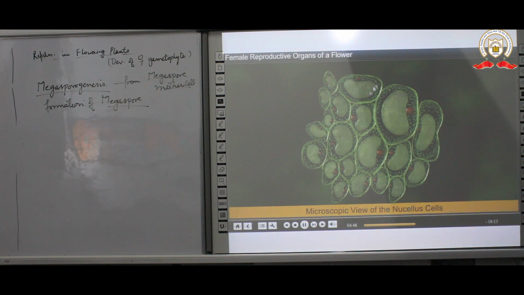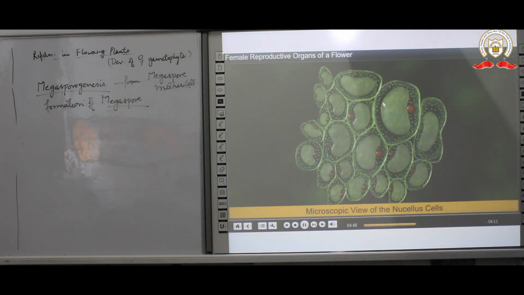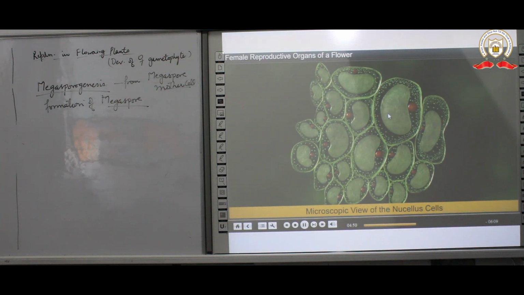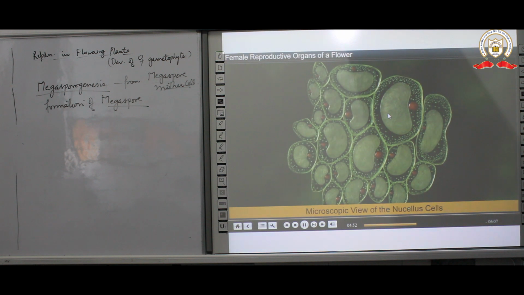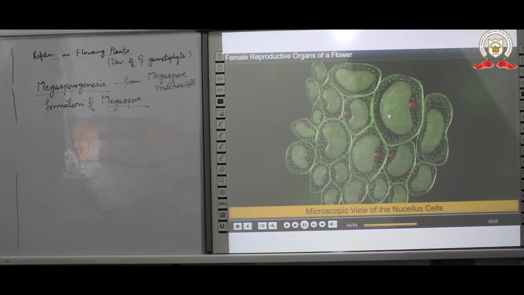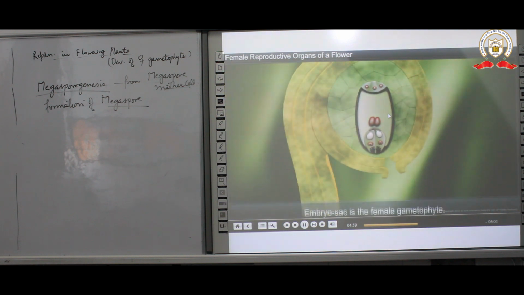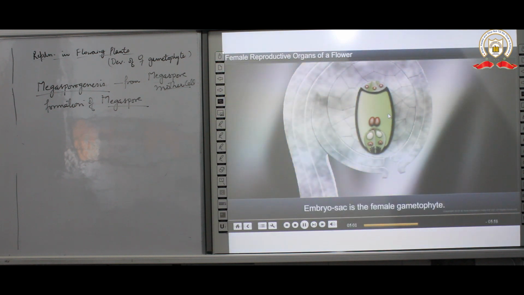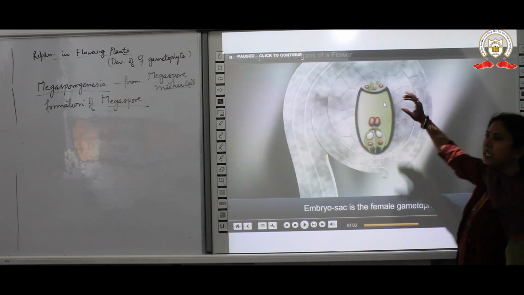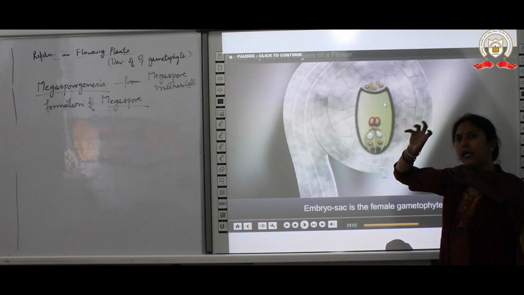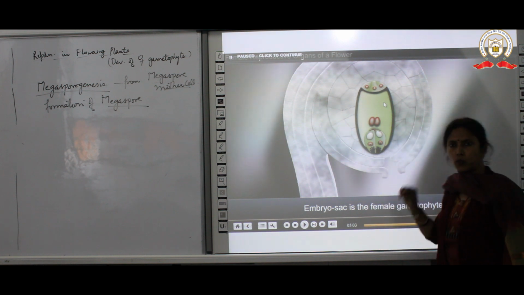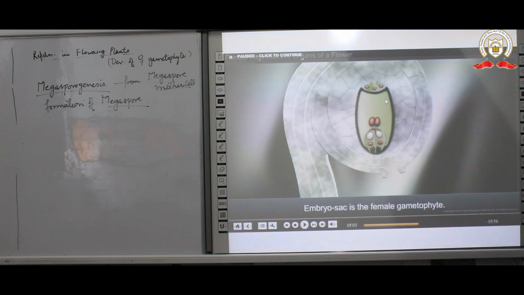The nucellus is a mass of diploid, colorless, thin-walled, parenchymatous cells containing food reserve materials. In the nucellus of a mature ovule lies the embryo sac. So you can see that the nucellus contains dense cytoplasm, and it is a parenchymatous group of cells.